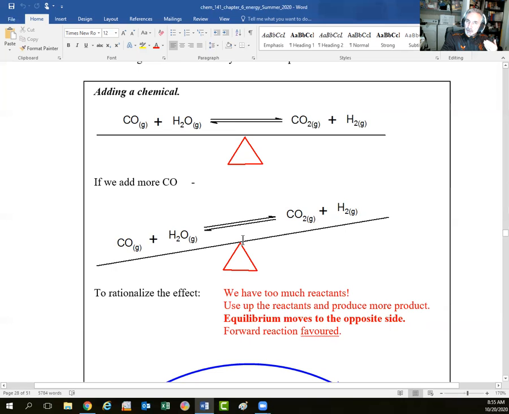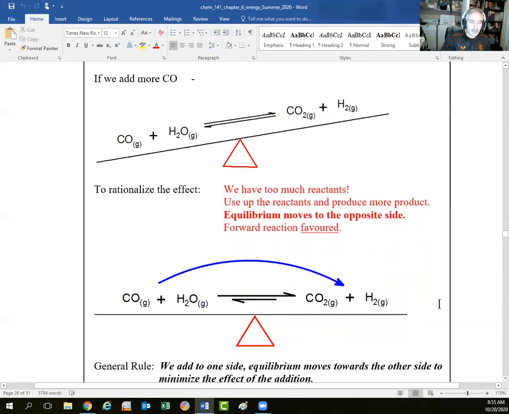So if the system was going to address this and regain balance, it would have to shift that balance from left to right. We'd have to take some of the weight on the left and move it over to the right to regain balance. And this is what the system does.